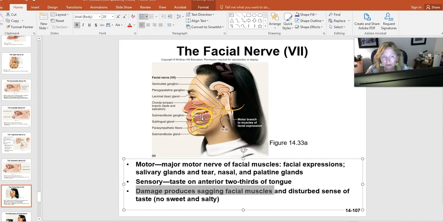There are viruses sometimes that can attack these, and you have probably heard of Bell's palsy. This is usually an immediate thing that can happen after an infection that might not have even caused you to be sick, but your immune response caused this syndrome that we call Bell's palsy, and it looks like someone has had a stroke.